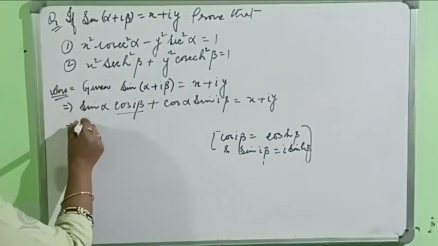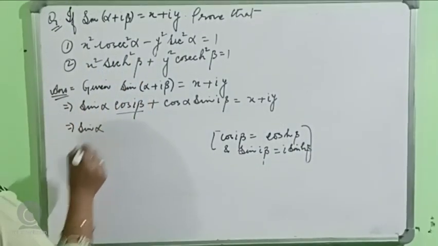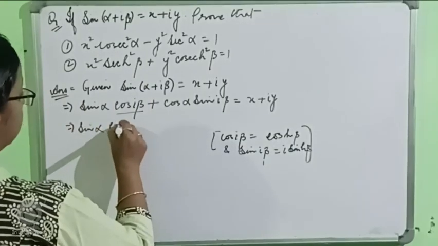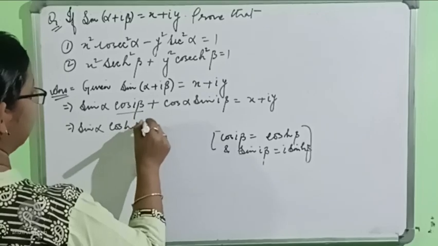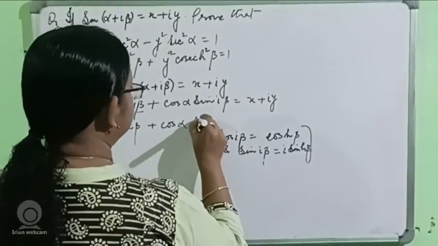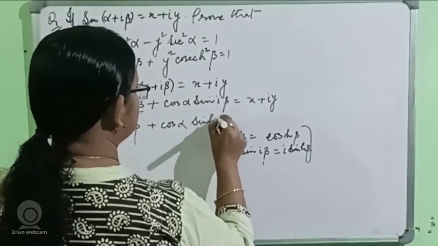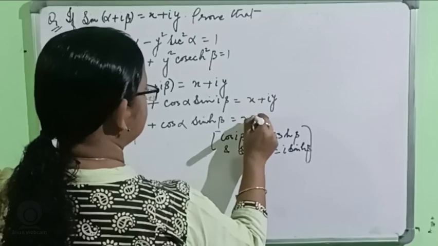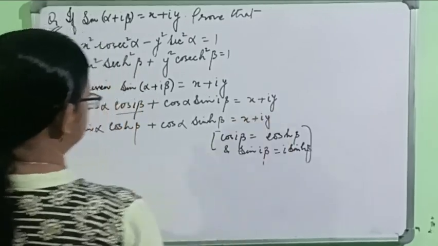So next step, you should write this one: sin alpha cos hyperbolic beta plus i cos alpha sin hyperbolic beta, and in the right hand side it is x plus i y.